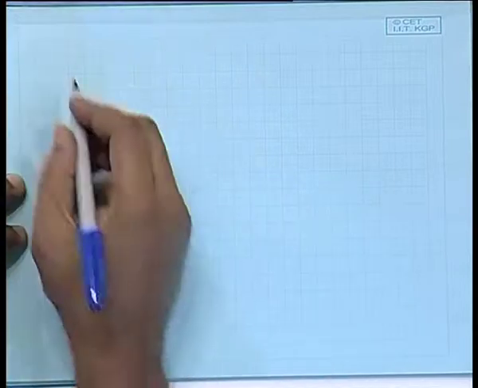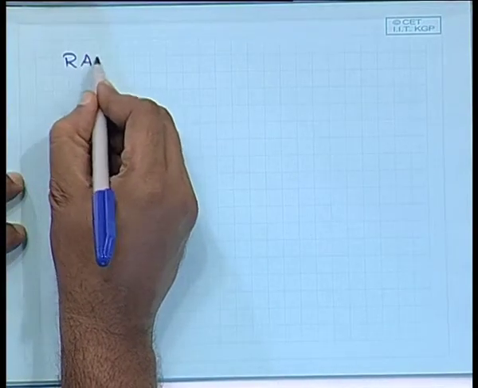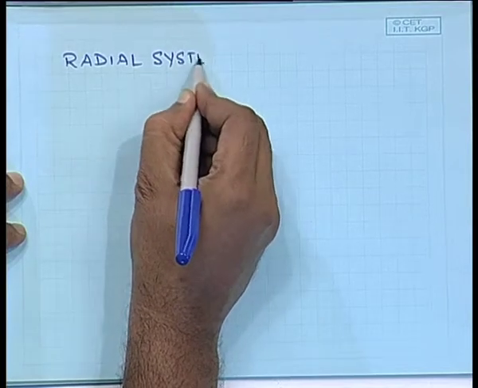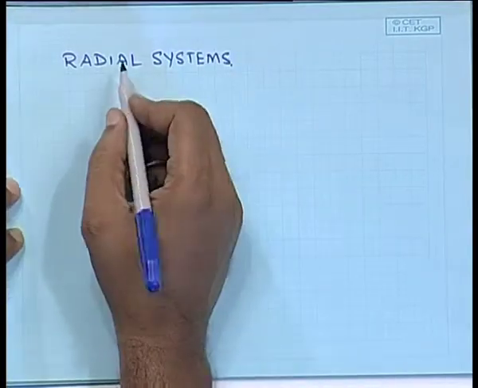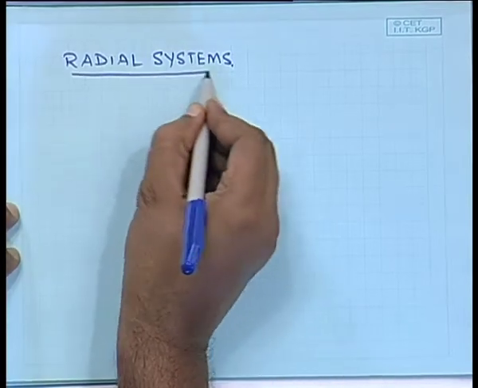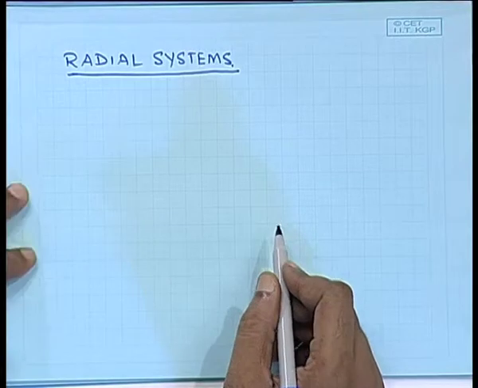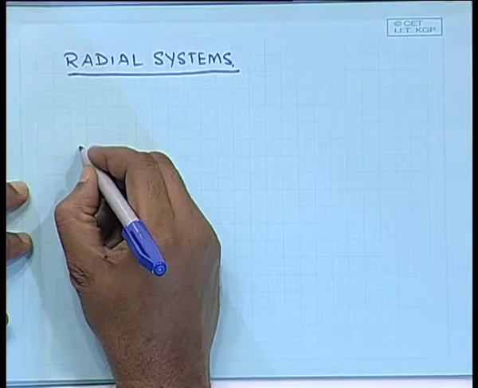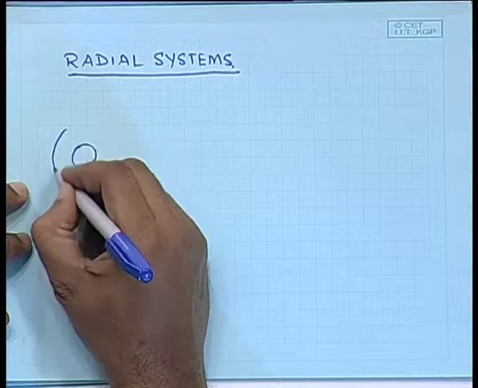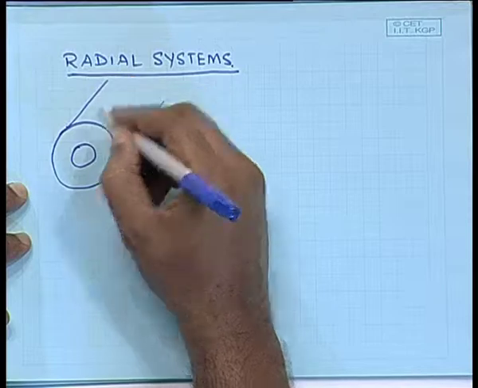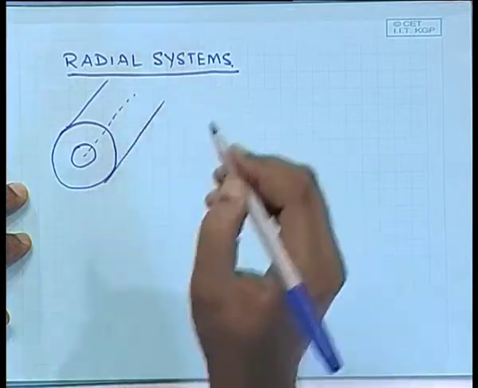What we should spend some time on rather is what is going to happen in radial systems, because as you have correctly identified, radial systems are different because there you have a change in surface area, a change in conduction area as you move in the r direction. So, let us see what is going to happen. We have a cylindrical system. All right.